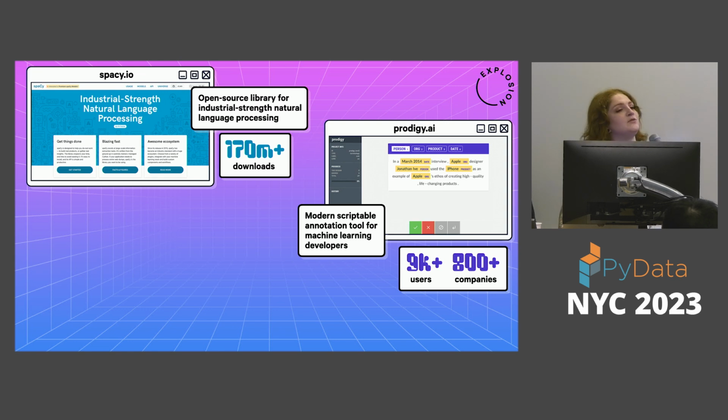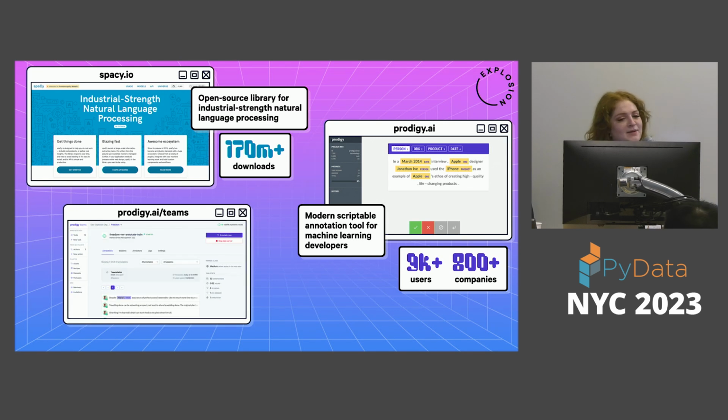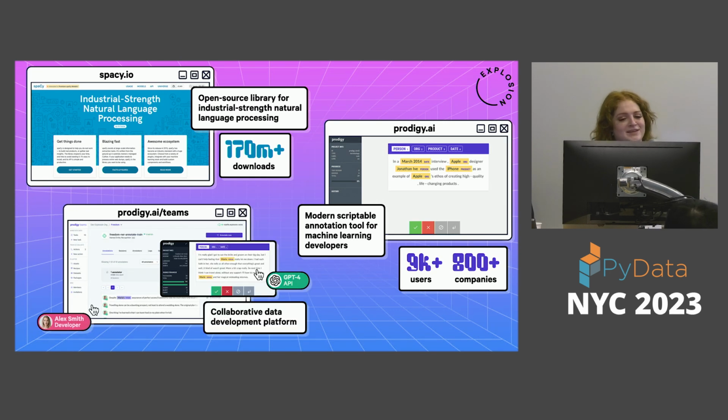And we'll also be using Prodigy and our latest upcoming product, Prodigy Teams, which brings the whole thing into the cloud and is a collaborative data development platform, to create some data for the model that we're going to train today, to see how good we can get and how we can surpass what's currently available in the world of large language models.